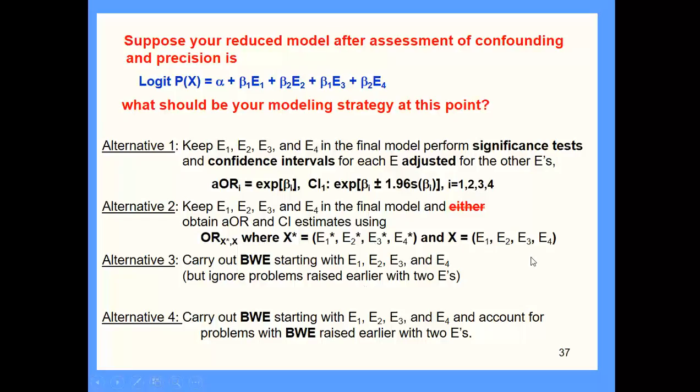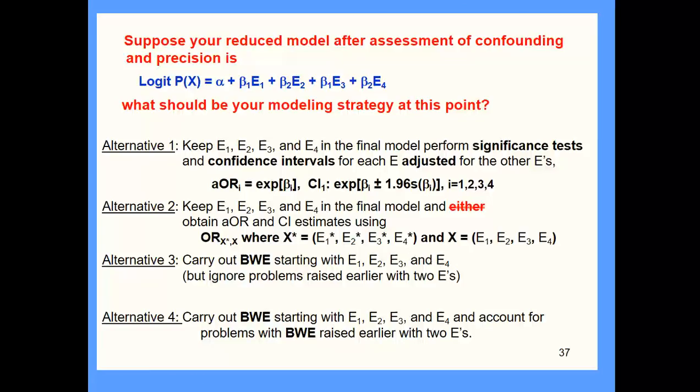Now, if all 4 E's were binary, and I wanted to do something analogous to what I did when I had only 2, what would I do? Looking at the extreme, it would be 1, 1, 1, 1 versus 0, 0, 0, 0. Then I would get an odds ratio for that, see whether it's significant, and get a confidence interval around it. That's how I could deal with this situation when I want to consider the joint effect.